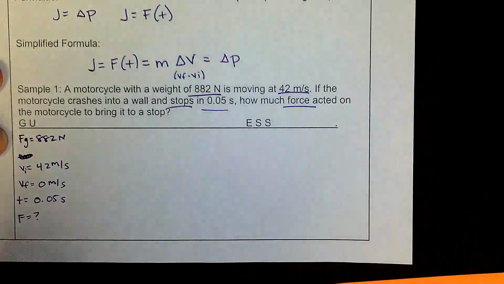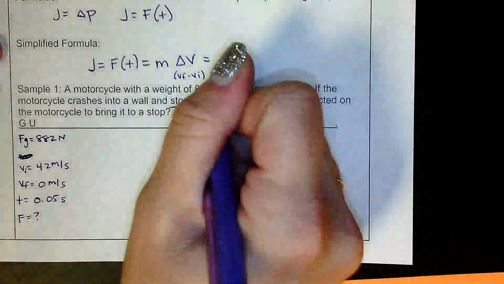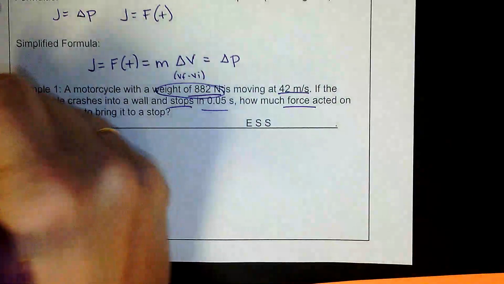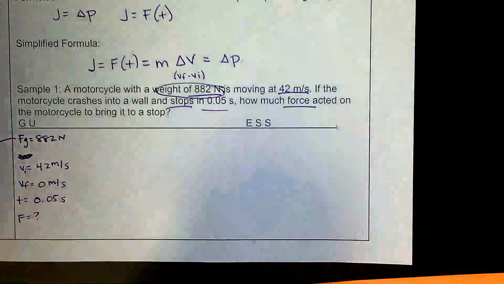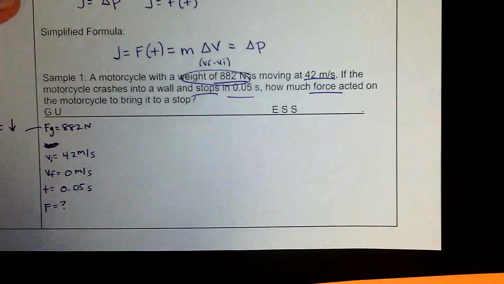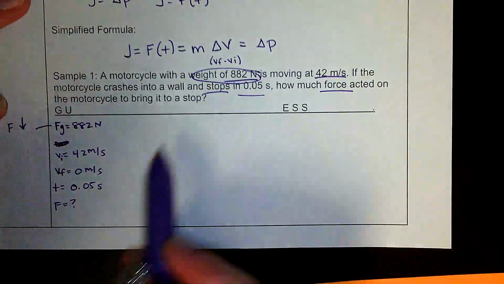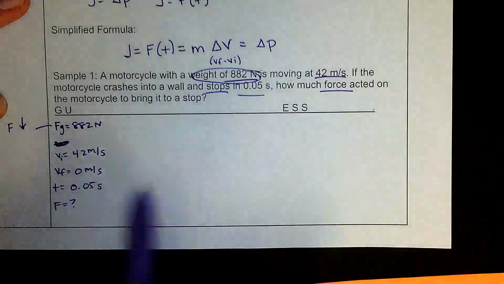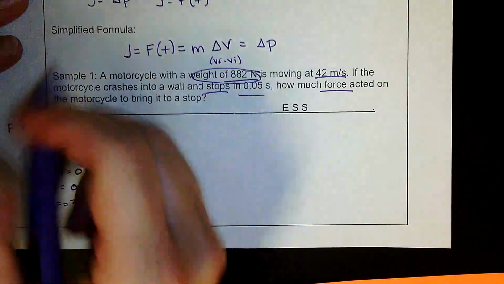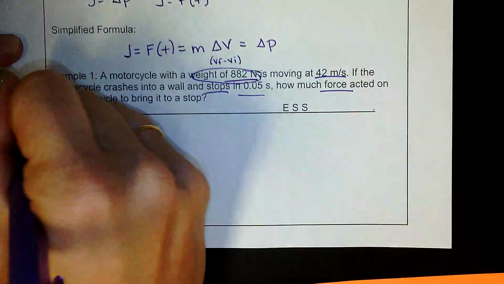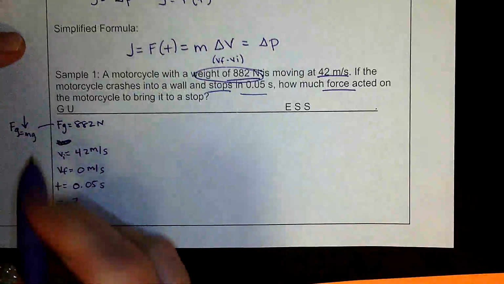All right, so one thing I want you to recognize is that this was the weight of the motorcycle, and we know that that force is acting in the down direction. We're not talking about the weight, we're talking about what's bringing it to a stop. The force that is bringing it to a stop is the force acting in the horizontal direction. So what I can use with my Fg, just like we did with the forces unit, is to solve for my mass.